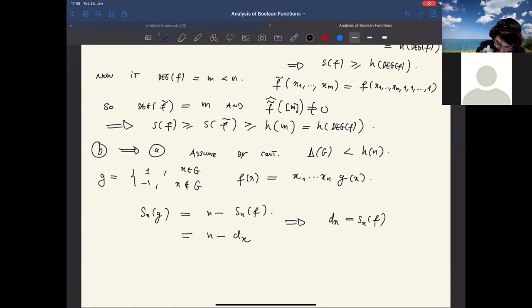And well, you know that for every x in G, the sensitivity of x, which is the degree, well, the degree is a maximum. This is less than h of n. And also for every x outside G, because you can do the same with the complement of G, the same construction holds, and you have the same thing.